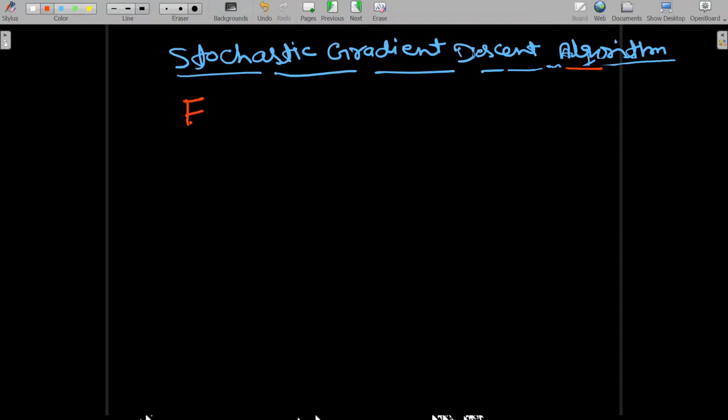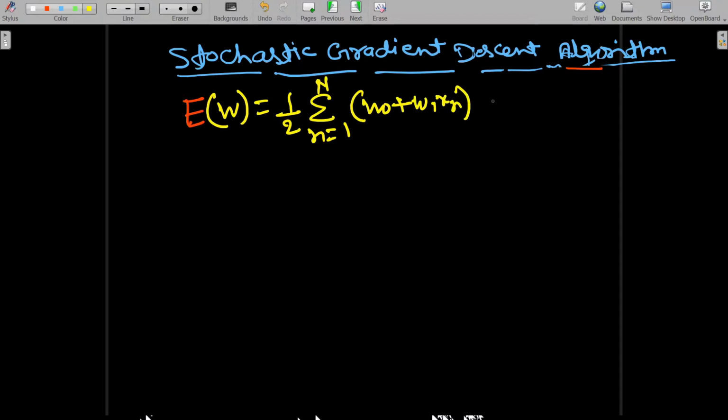So we have this error function, E(W) = 1/2 summation of n = 1 to N (W0 + W1 xn - yn) whole square. So this is the actual error function or loss function.